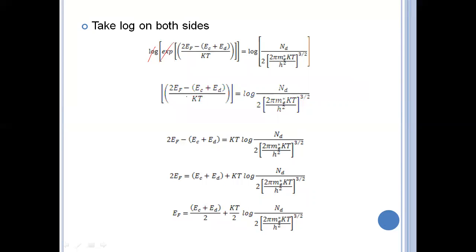Now get the kT from the left hand side to the right hand side, and then the negative term EC plus ED onto the right hand side, and then the multiplied term 2 onto the right hand side. So finally you will reach the Fermi level expression, that is Fermi energy EF is equal to (EC plus ED) by 2 plus kT by 2 log of ND by 2 into (2 pi me star kT by h square) power 3 by 2.